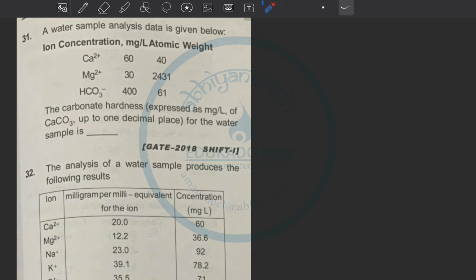So the carbonate hardness expressed as milligram per liter of CaCO3, up to 1 decimal place, for the water sample is what we need to calculate.